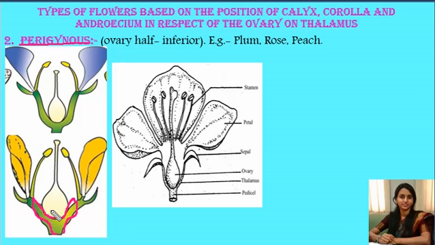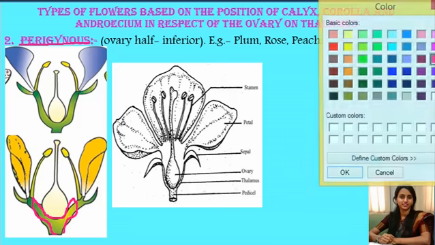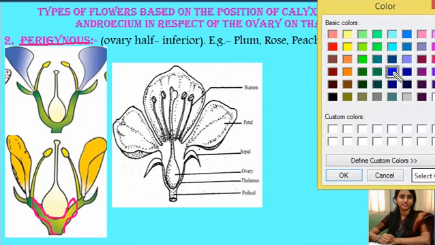Whereas the other floral whorls, that is sepals, petals and androecium, that is stamens, are located at the rim of the thalamus. Look at this. This is the cup-shaped structure, as I said.